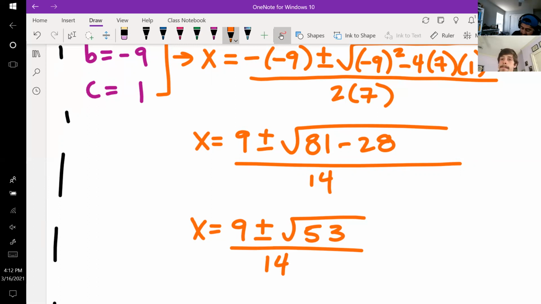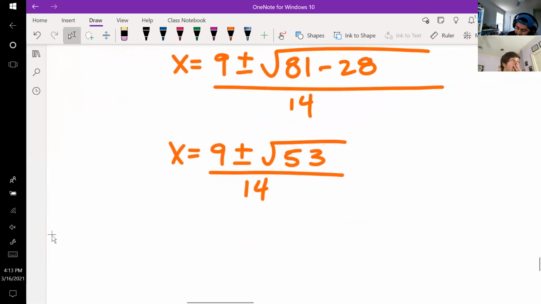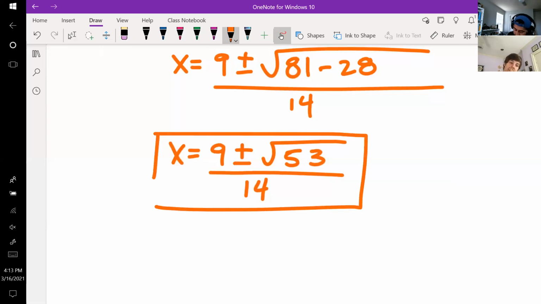And I don't think anything goes into 53, does it? No, sir. No. So that means that one is done. All right. And again, for my MATLAB purposes, this is our answer, but it may have you type it in differently.